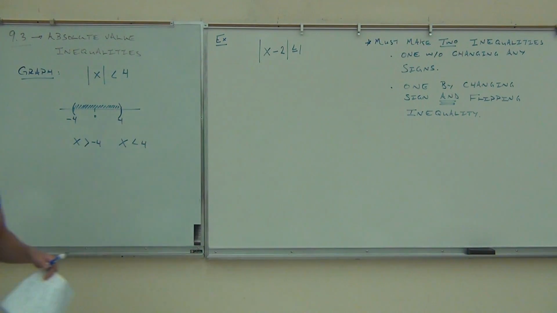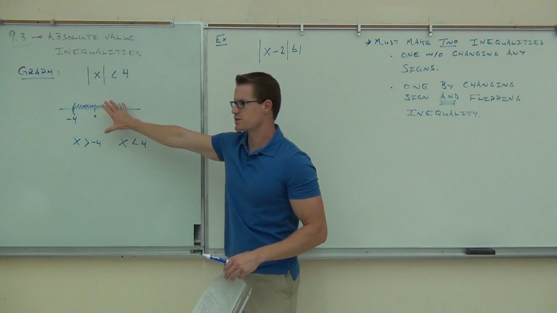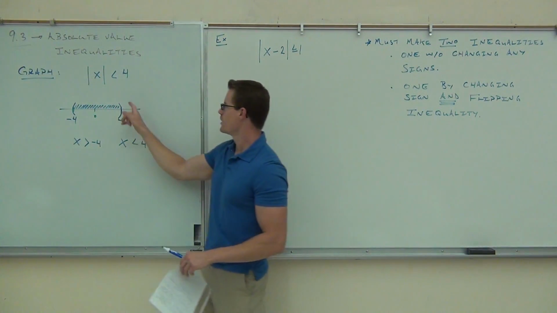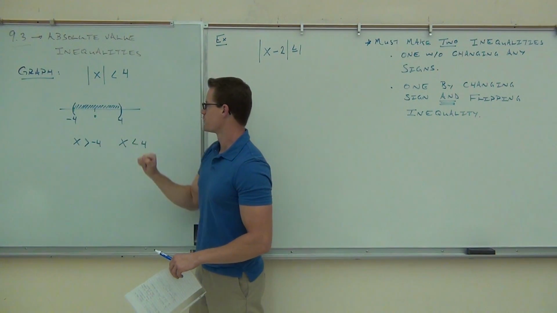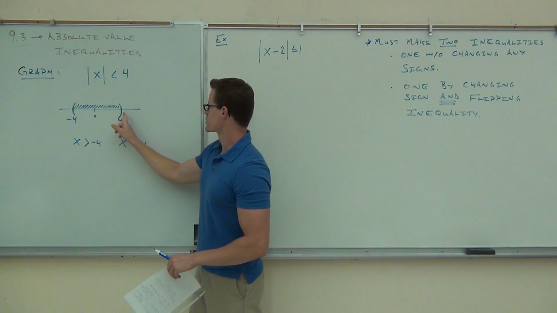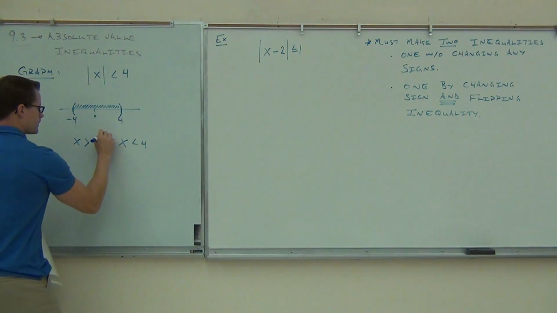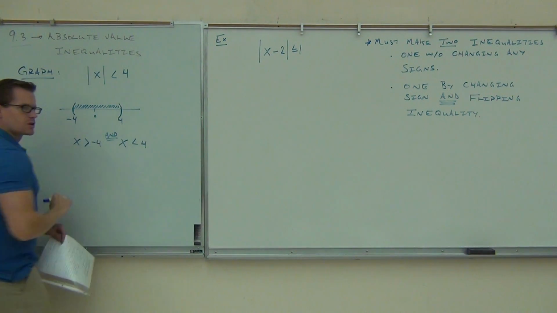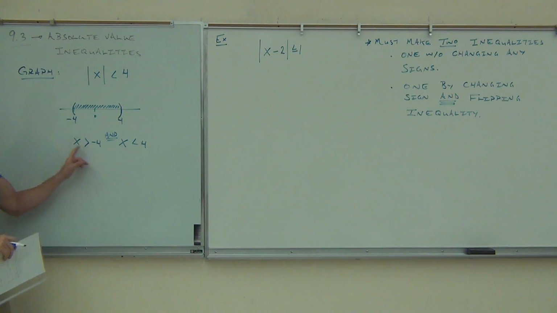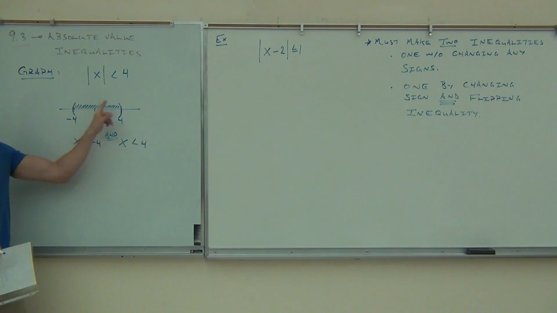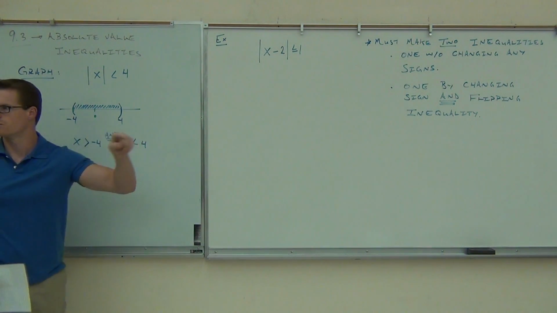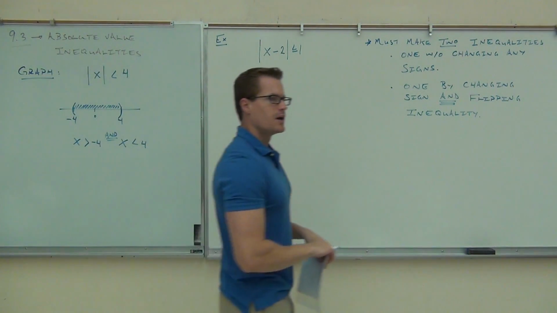Okay, raise your hand if you feel okay with this so far. You understood this example over here. That's good. Okay, so we know these are the numbers between -4 and 4. Or in other words, the numbers less than 4. And, we saw that word and, that's where that's coming from. And greater than -4. It's between there. That's where the and is, that crossover. Notice how we have a crossover here.